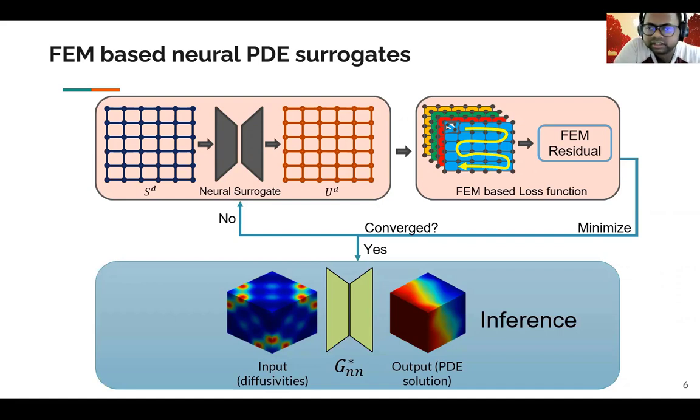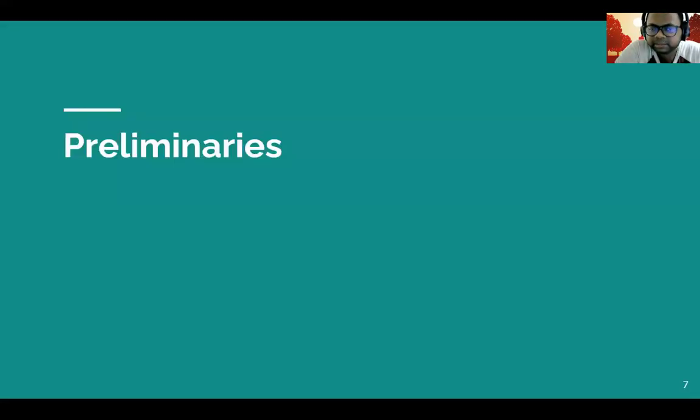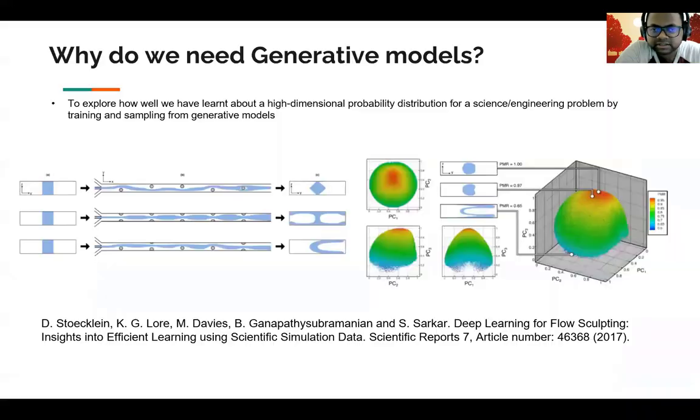Both approaches work really well, but in both we take in a set of known parameters and obtain a set of unknown parameters for a PDE, and we perform a very straightforward finite element residual minimization. However, inverse problems are slightly different. In order to tackle some inverse problems, we'll look at some preliminaries of how we train generative adversarial networks.